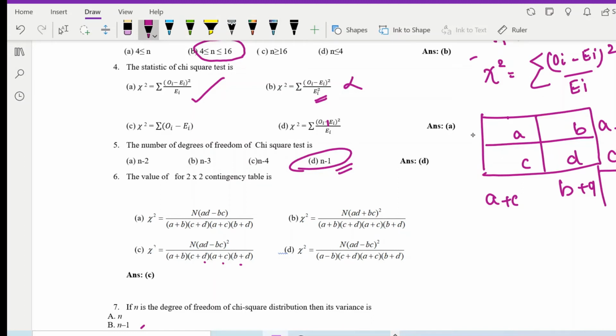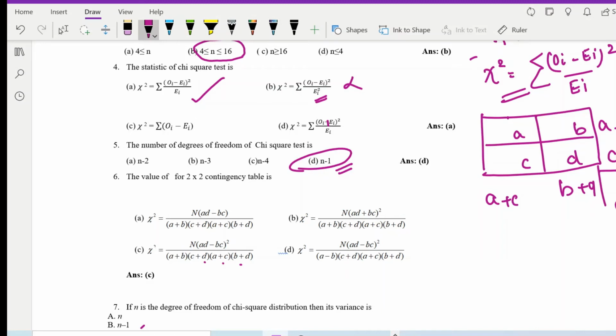By using one formula, instead of the usual calculation, we can directly calculate the chi-square value for a 2 cross 2 contingency table.